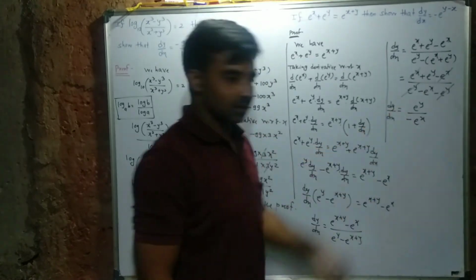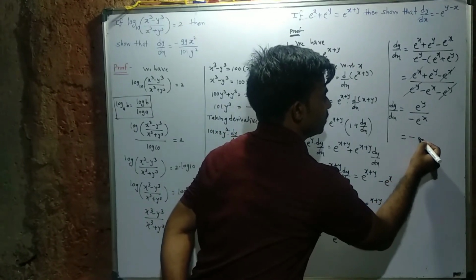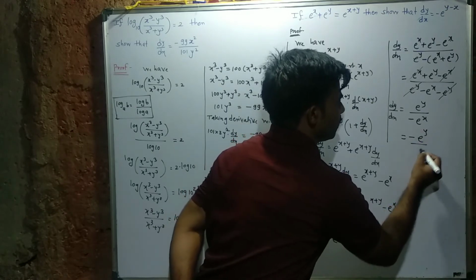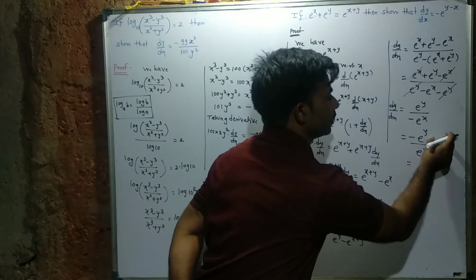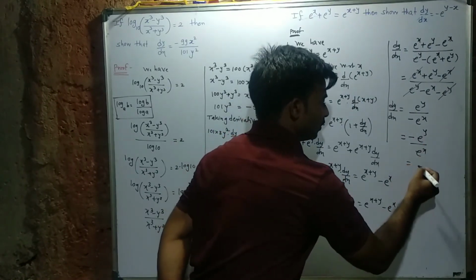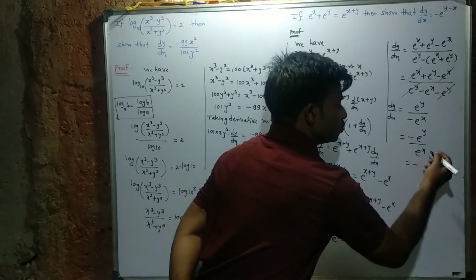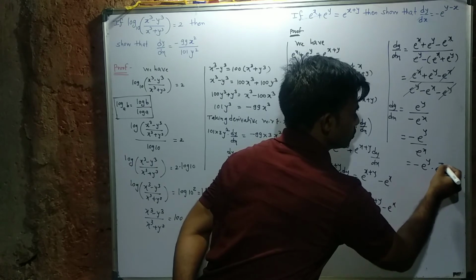This minus is taken in the numerator, and you will get minus e raised to y divided by e raised to x. Again, this e raised to x is in the denominator, taking it inside the numerator, e raised to x is taken as e raised to minus x. That means minus e raised to y into e raised to minus x.